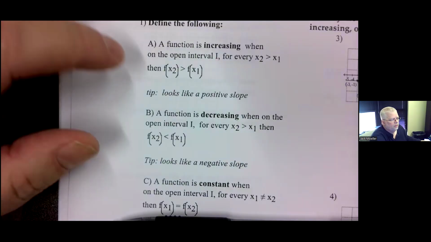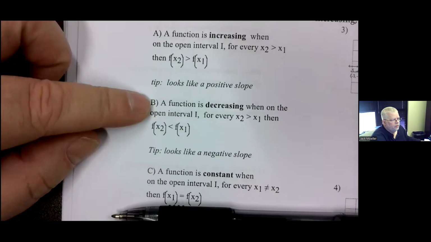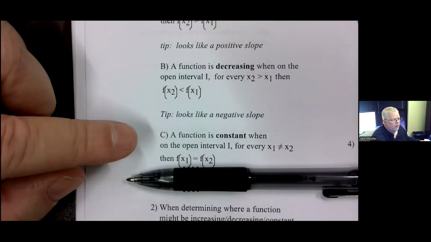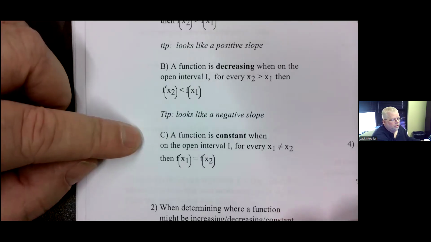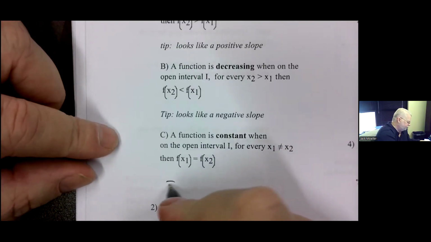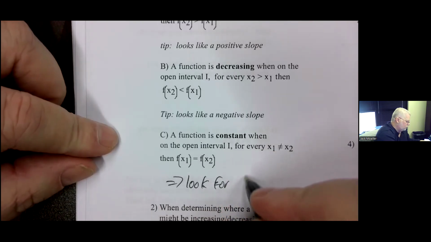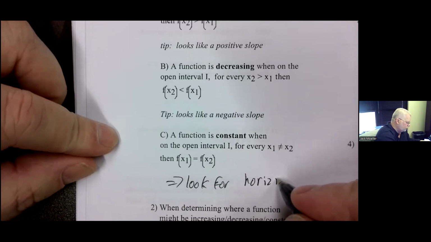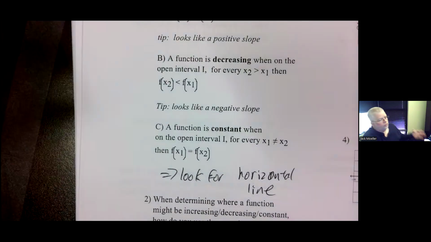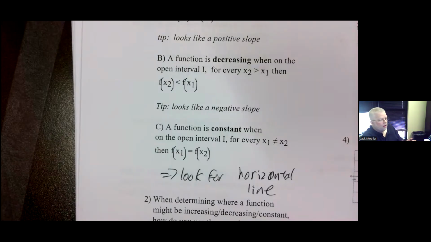So increasing intervals look like positive slope, decreasing intervals look like negative slope, and constant intervals look like a horizontal line. Look for horizontal. All right, so that right there is the concept for increasing, decreasing, or constant intervals.